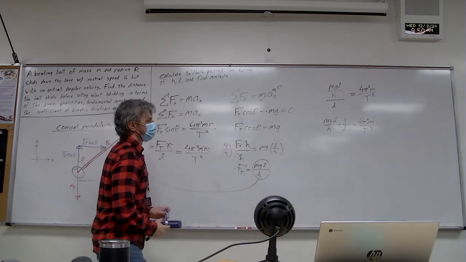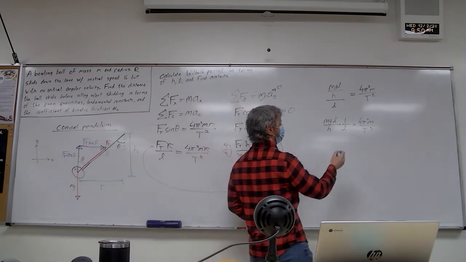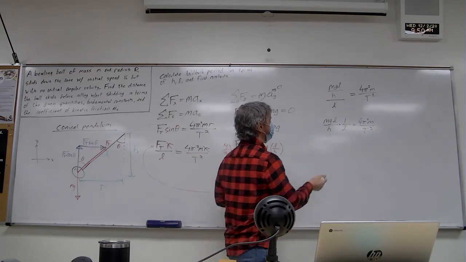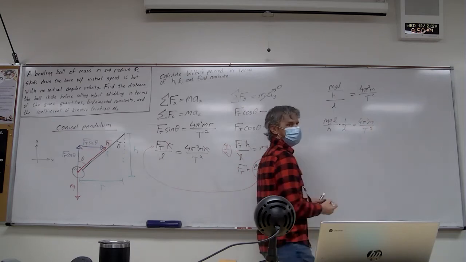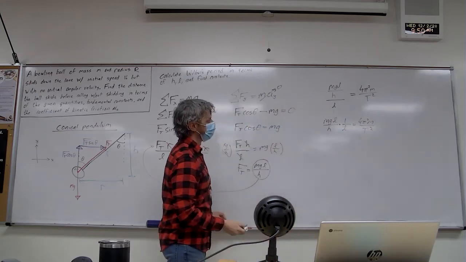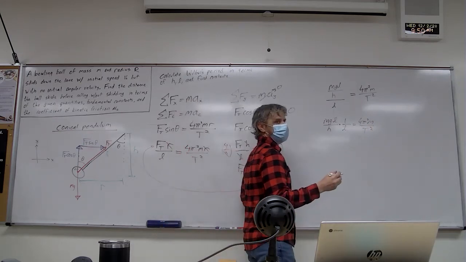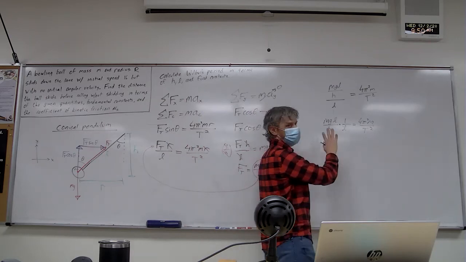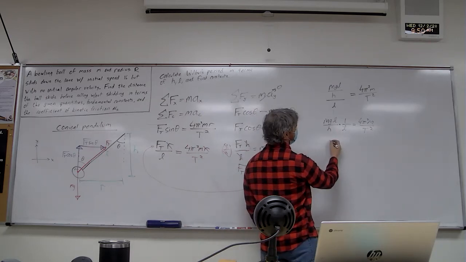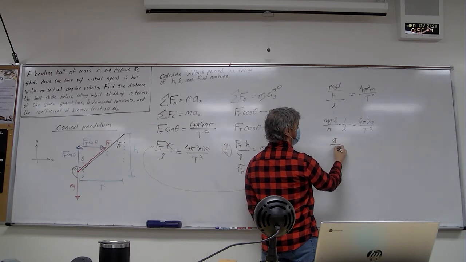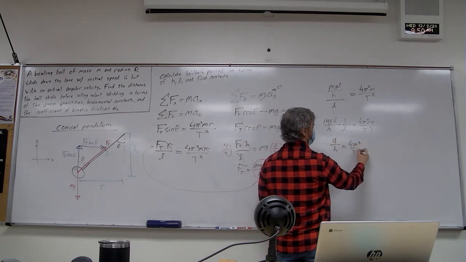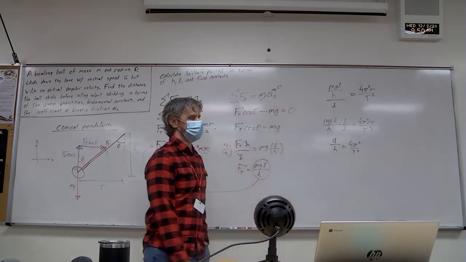Now what happens? The L's cancel. And the m's cancel. Now we're getting somewhere, right? Everyone brought mass to the party. So I get g over h equals 4 pi squared over t squared. Now we can solve for t.